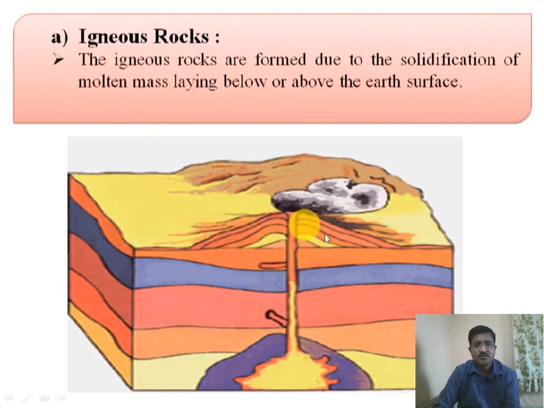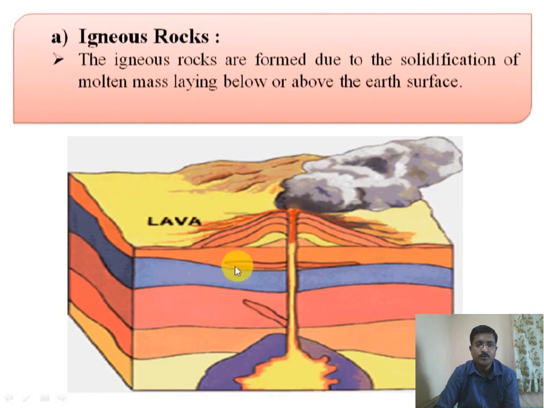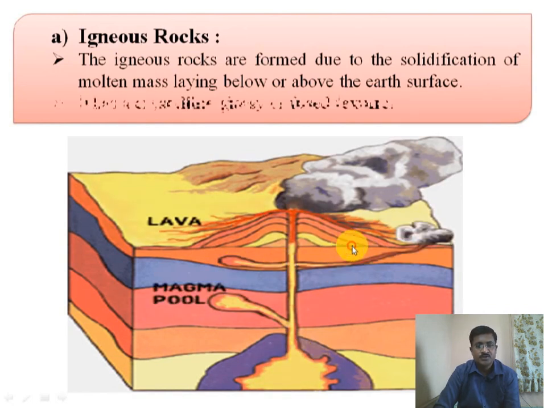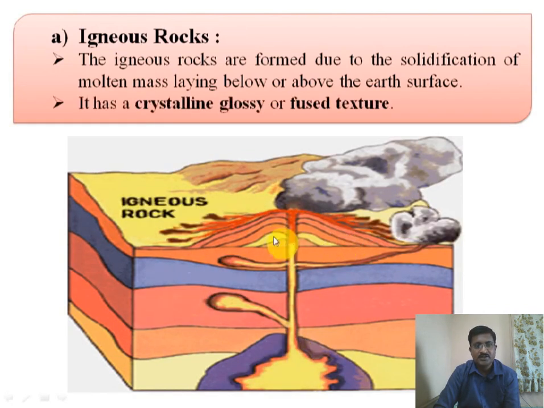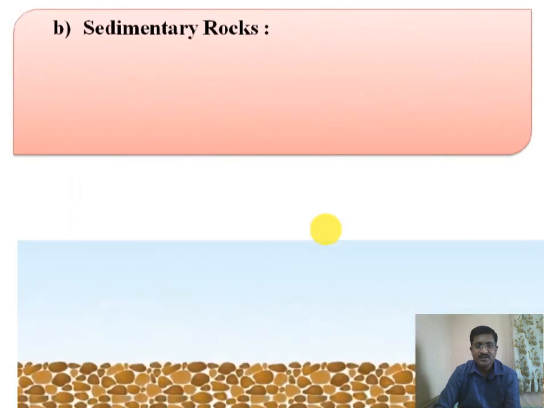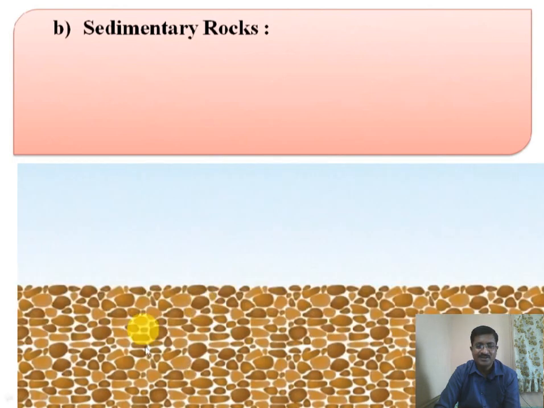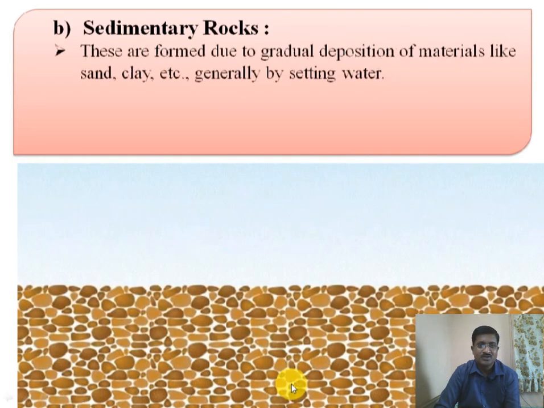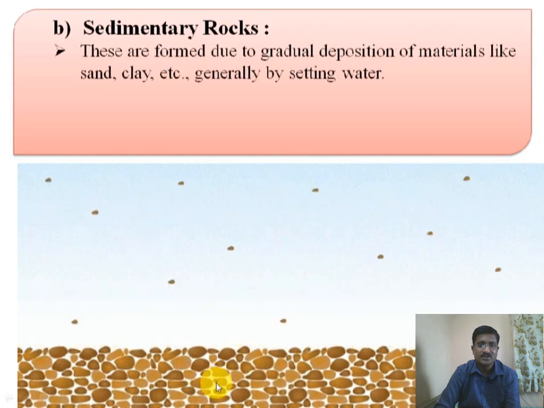The igneous rocks are formed due to the solidification of molten mass lying below or above the earth's surface. Because of the cooling of that, it is formed. It has a crystalline and glossy fused texture. The second is the sedimentary rock. By the name itself, it is clear it is formed due to the sedimentation of various layers.